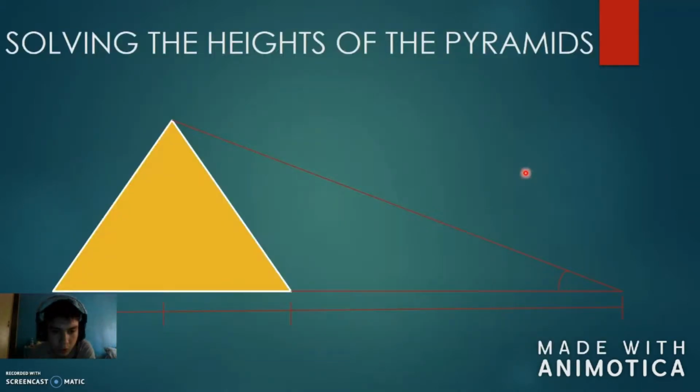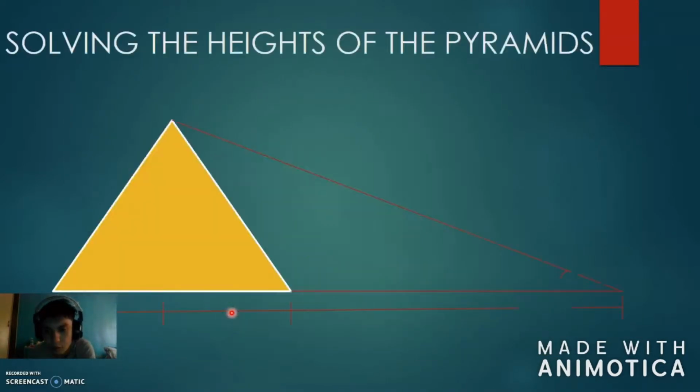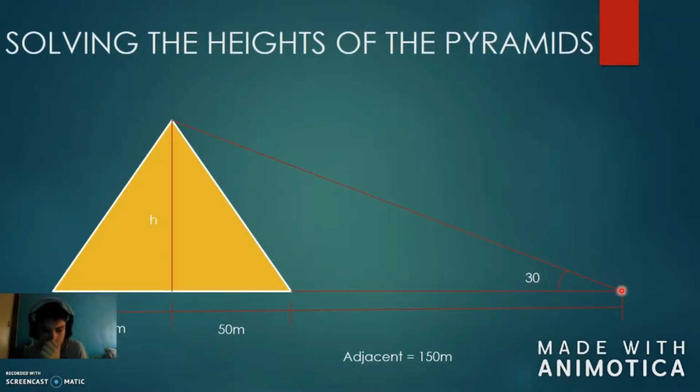Suppose I have this angle, I have this problem given, and the shadow is over here. Suppose I have 50 meters.